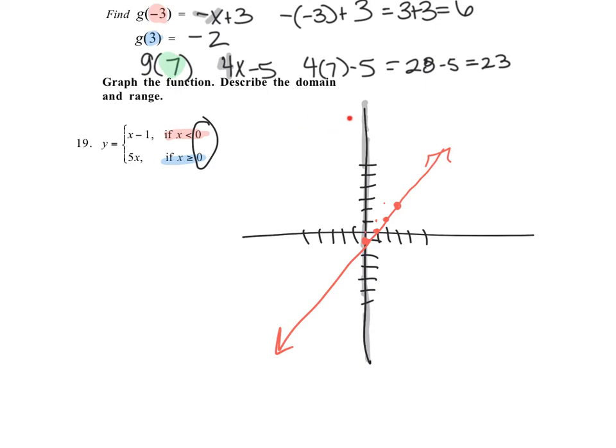I only want the stuff on this side of the x, because x is less than 0. And I'm going to be even pickier. I want an open circle here. And there's a problem with having drawn my axis instead of using a picture. When I have an open circle here at negative 1, I only want that part of the graph. And then the rest of the graph, I'm going to erase.